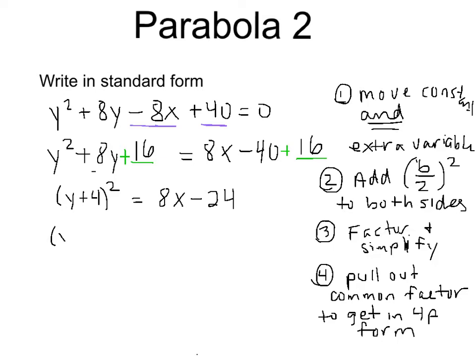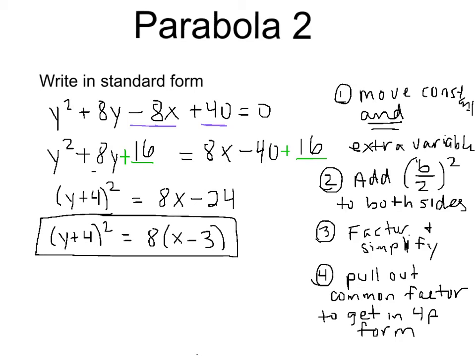So we still have y plus 4 squared. Here we want to pull out anything that's in common, the biggest number in common. That happens to be 8. They both divide by 8. So it'll leave me with x minus 3. Here is standard form. So it's in that 4p form.